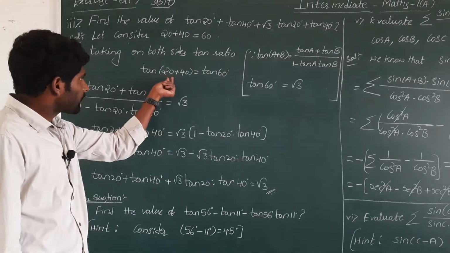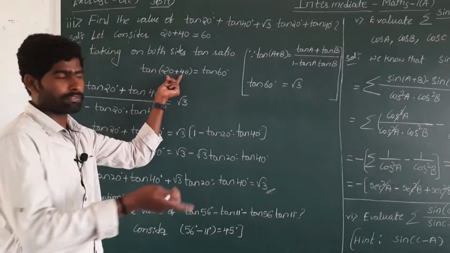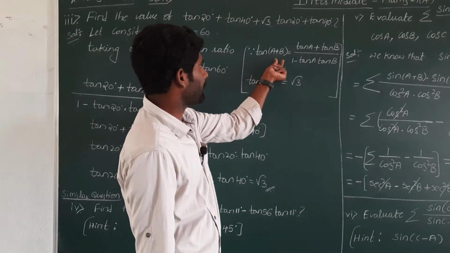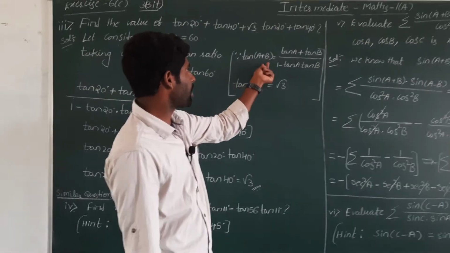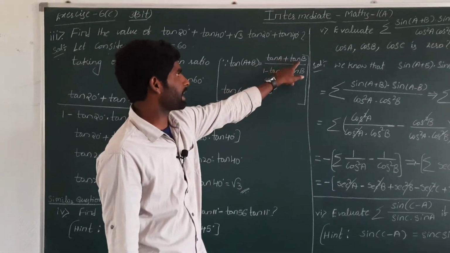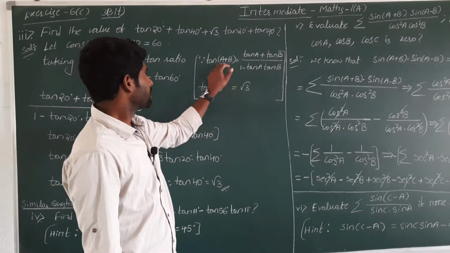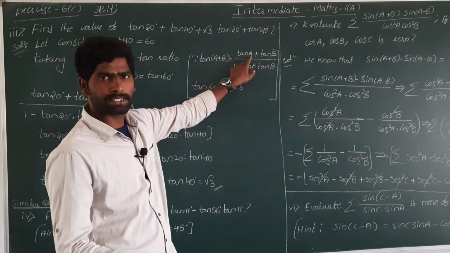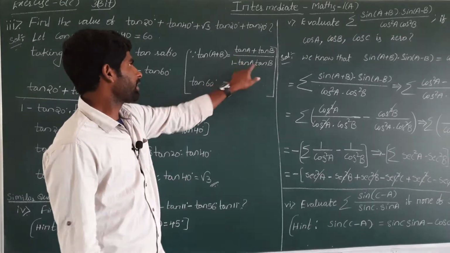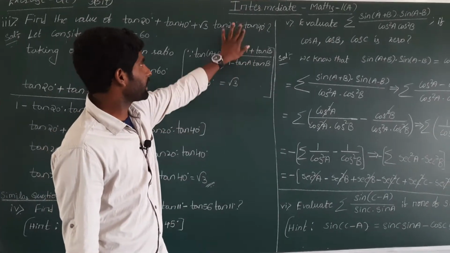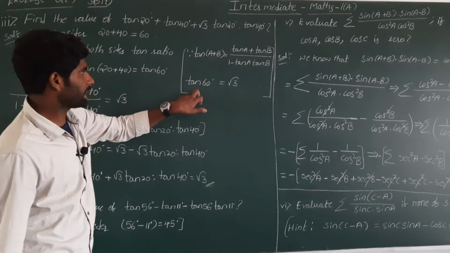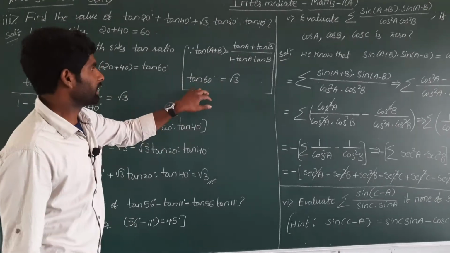Tan 20 plus 40 is nothing but tan A plus B. The tan A plus B formula is tan A plus tan B by 1 minus tan A tan B. Tan 60 equals root 3.